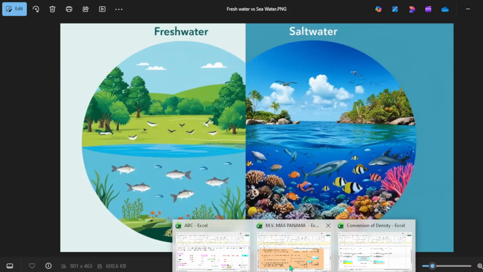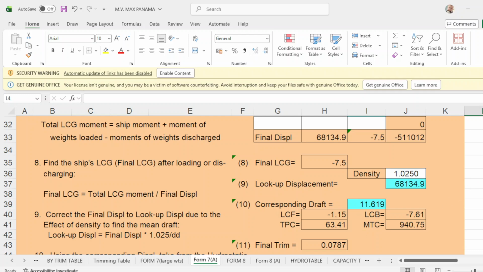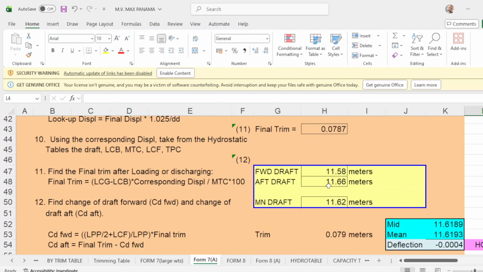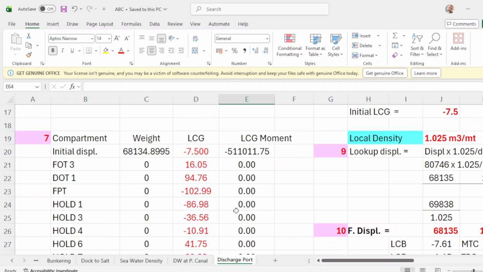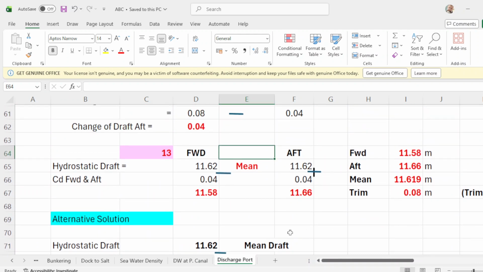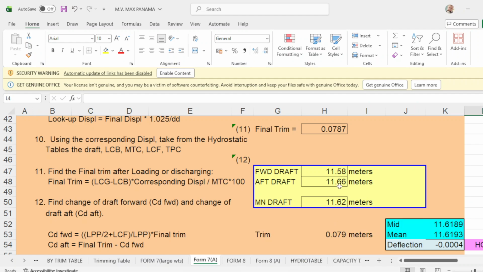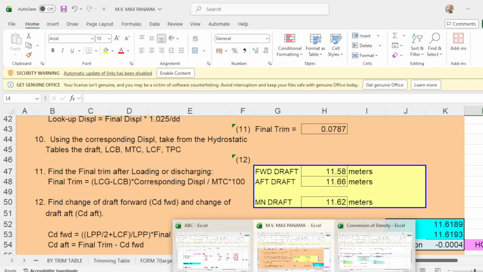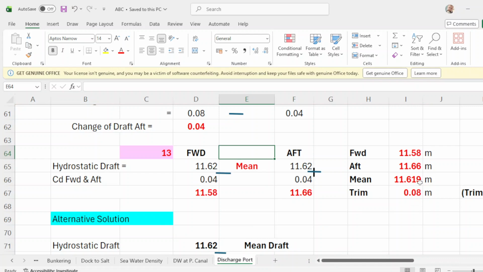So what is the final drop? Final drop forward is 11.58, and the manual computation forward is 11.58. Okay. And aft draft is 11.66, and aft draft is 11.66. Mean drop is 11.62, and the mean drop is 11.619 or 62. Okay.